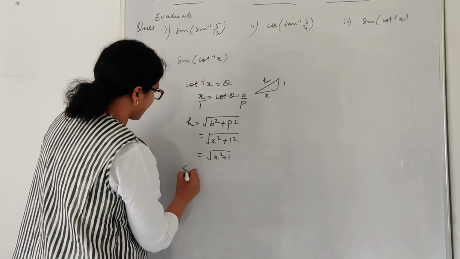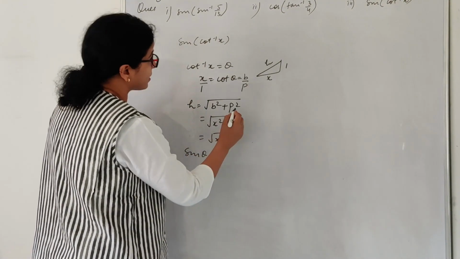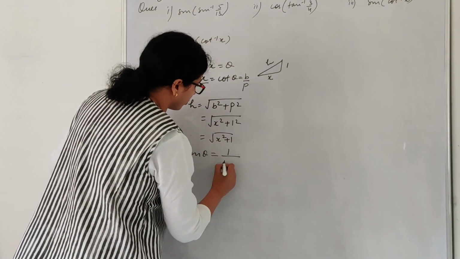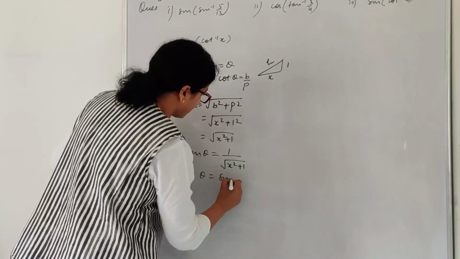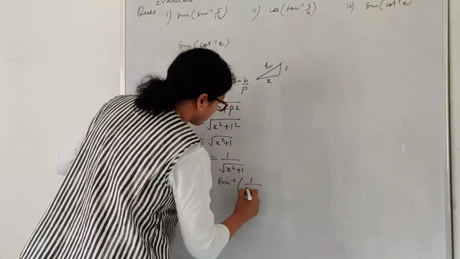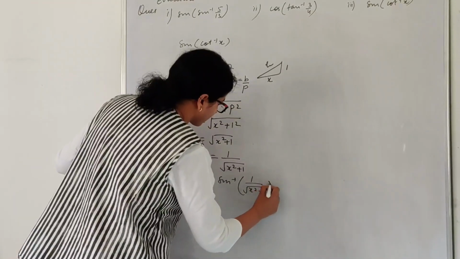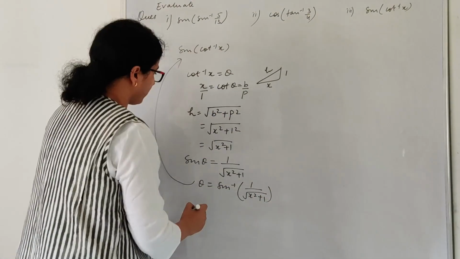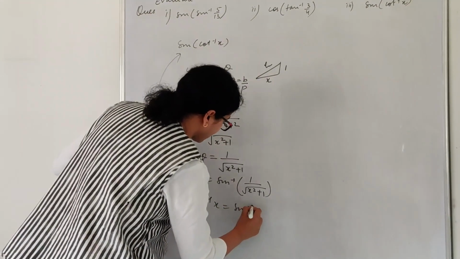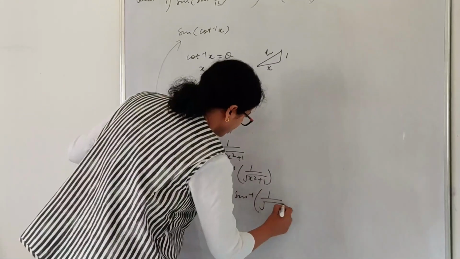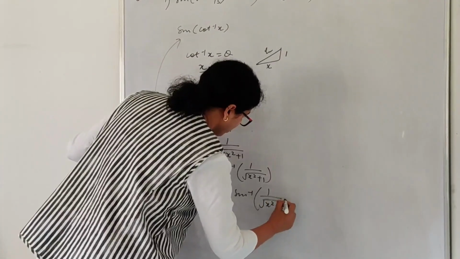So what is my sine theta? Sine theta in this case becomes 1 upon root of x square plus 1. So theta becomes sine inverse of 1 by root of x square plus 1. So I am going to substitute here, right? So cot inverse x is equal to sine inverse 1 upon root of x square plus 1.